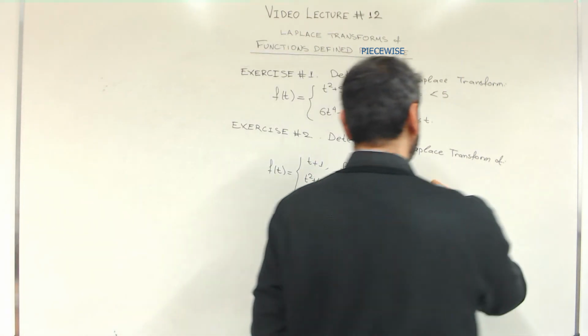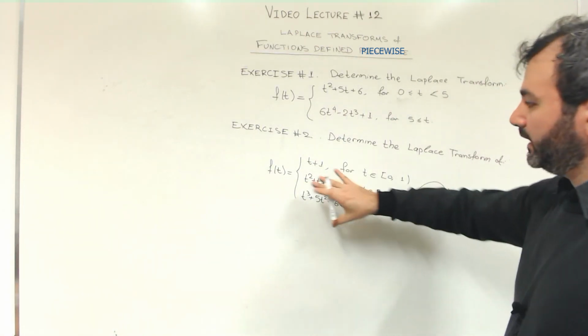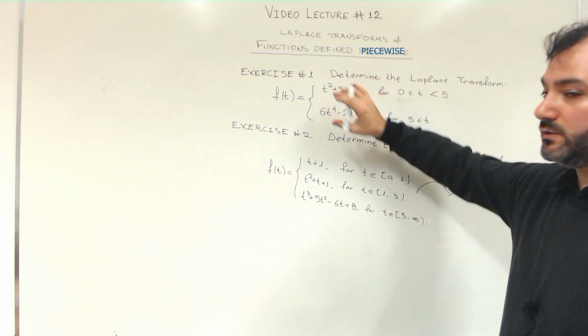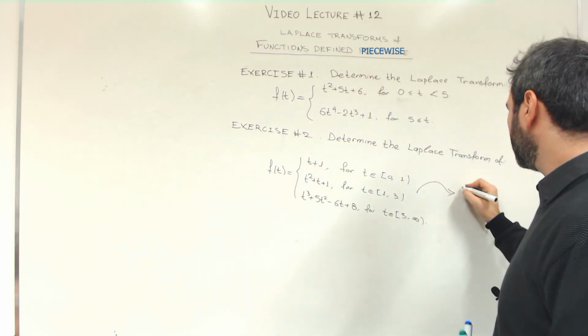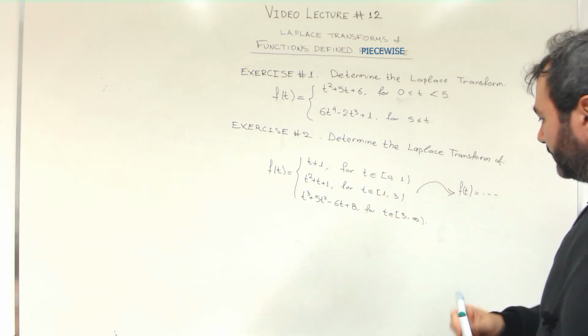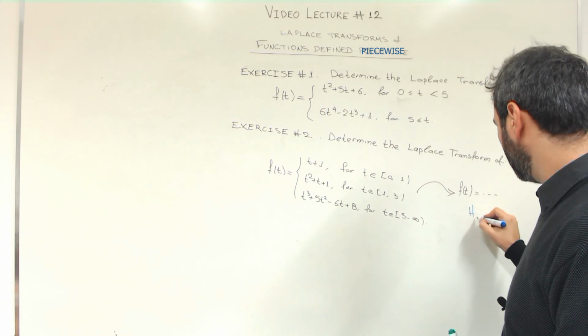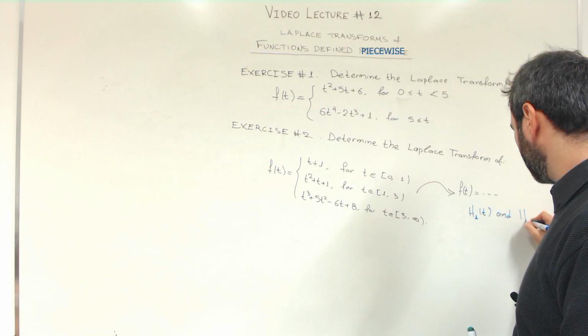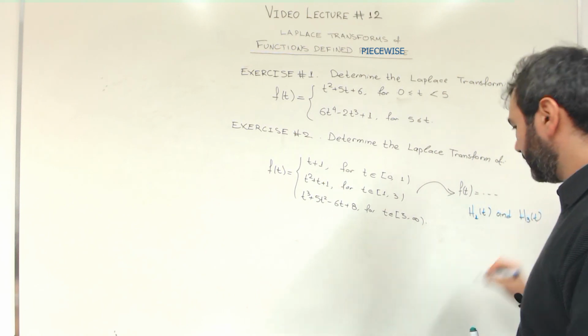Of course, what you need to do here is to find a way. It is not much different from what we have to do for functions with 2 branches. So find a way to write this function f of t as an expression that involves somehow h1 and h3.